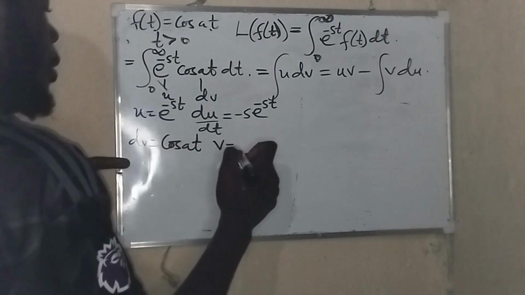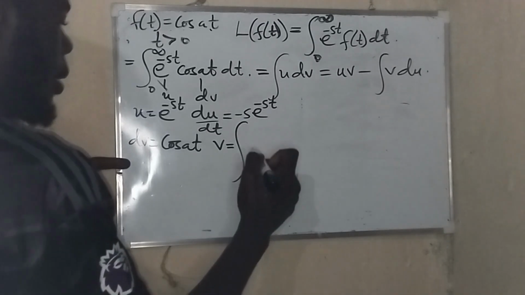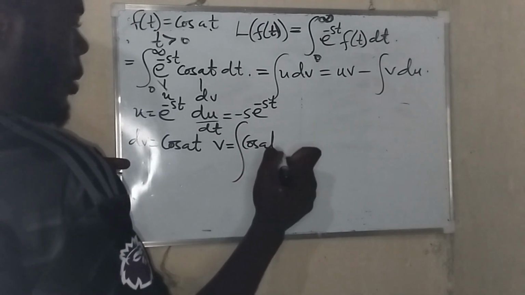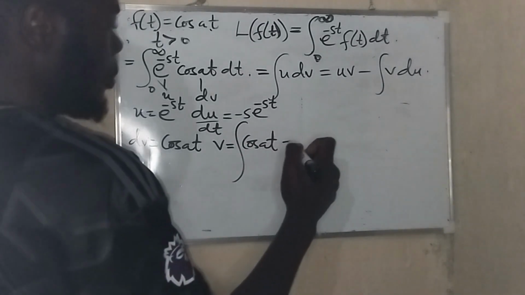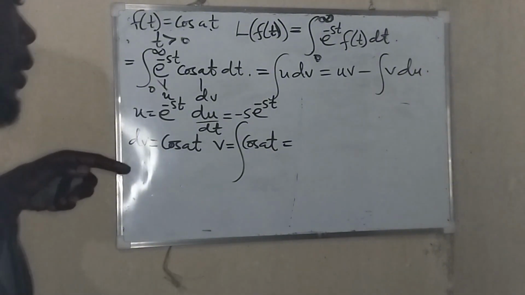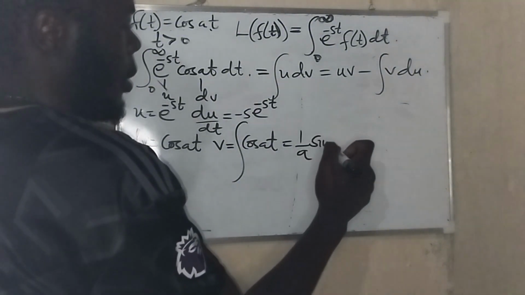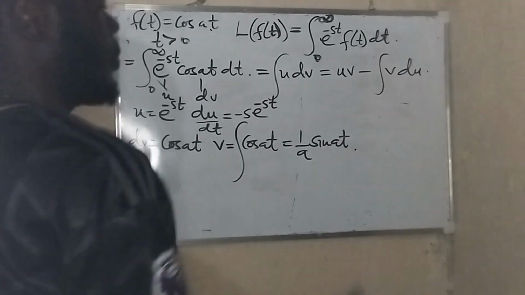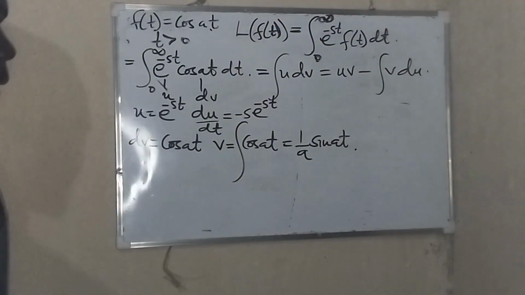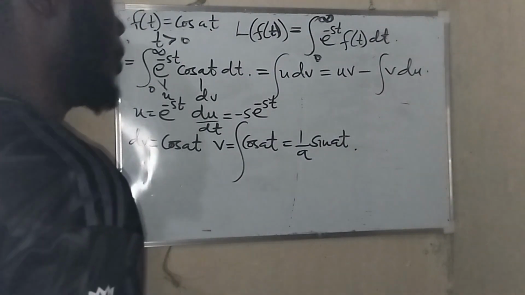So to get v, we integrate cos at. So we shall get 1 over a sine of at.